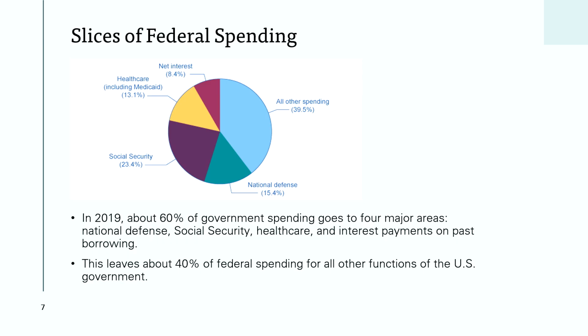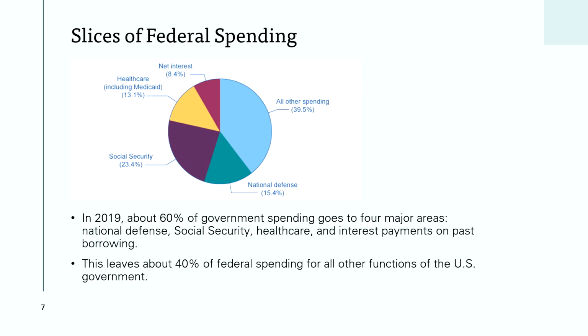This chart illustrates how federal spending is divided across categories in 2019. You can see that the mandatory programs such as Social Security and healthcare take up the largest share, 36.5%. Defense spending is another significant portion, 15.4%.